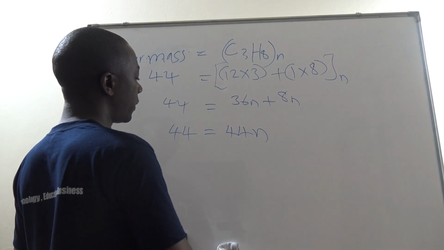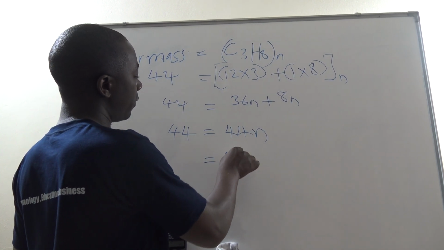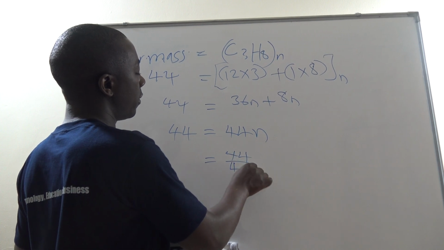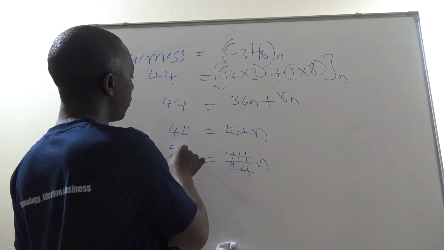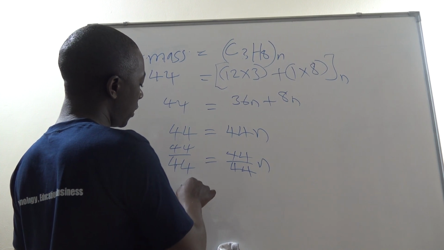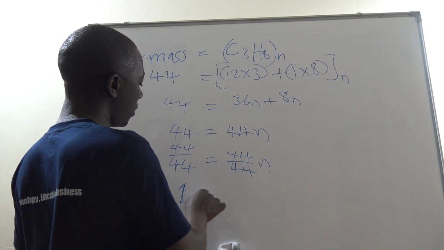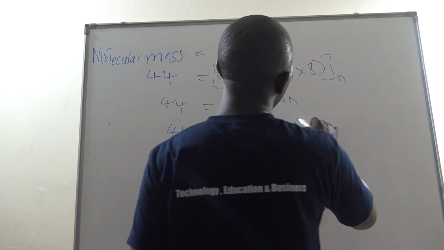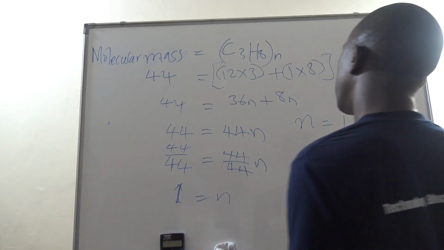Divided through by the constant, 44 over 44n equals 44 over 44, so 1 equals n, and therefore n equals 1.